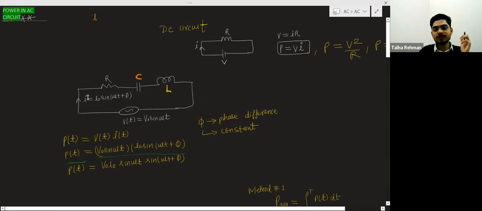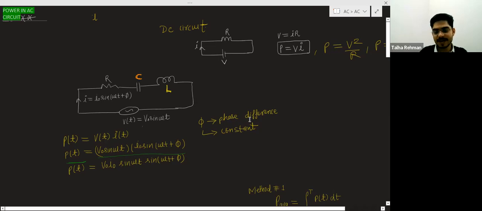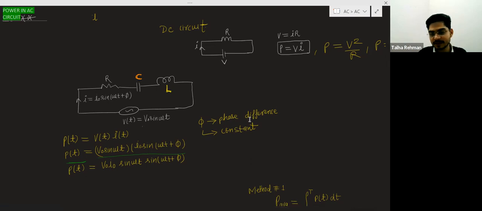And I have supposed current as I is equal to I naught sine omega t plus phi. Okay. So this is the equation of the current. What is phi? Phi is the phase difference. I have told you there is a phase difference between the current and the voltage in AC circuit. Sometimes the phase difference is zero also, in case of purely resistive circuit.